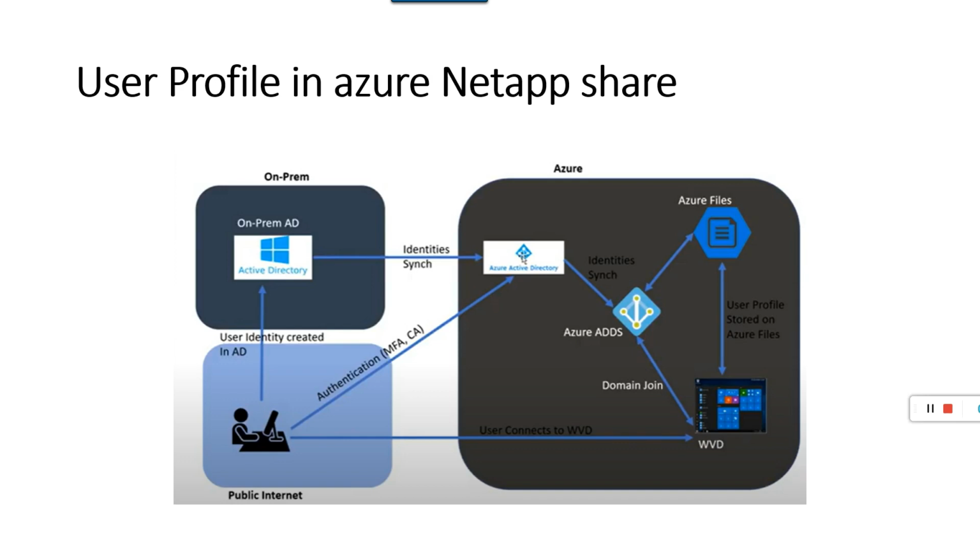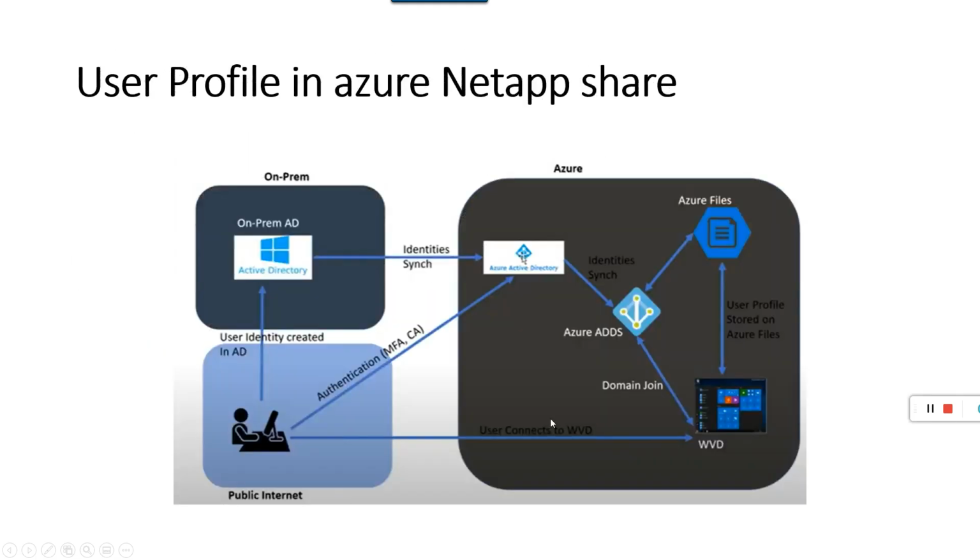Storage files is basically your Azure NetApp Files, and it checks for the folder by the name of the user, and whatever is in that folder is downloaded to the session host machine folder. So basically, it creates two folders: one on the NetApp file share path, and one locally on the session host machine.